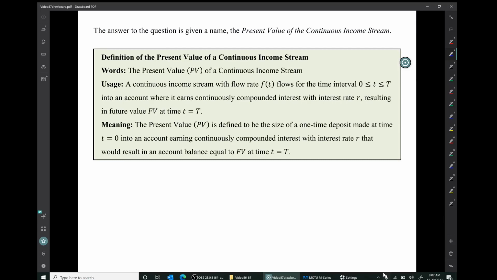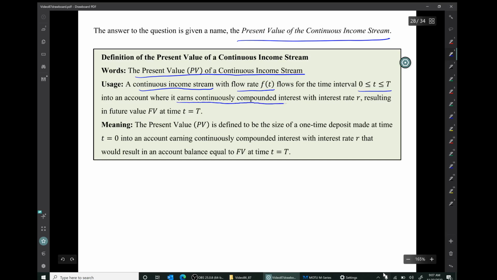Well, the answer to that question is given a name, the present value of a continuous income stream. So the present value of a continuous income stream, those words are used in the situation where you have a continuous income stream with flow rate little f of t, and it flows for the time interval from 0 to capital T, flows into an account where it earns continuously compounded interest with interest rate R, resulting in a future value capital FV at that later time capital T. Well, what these words, the present value, mean is this.